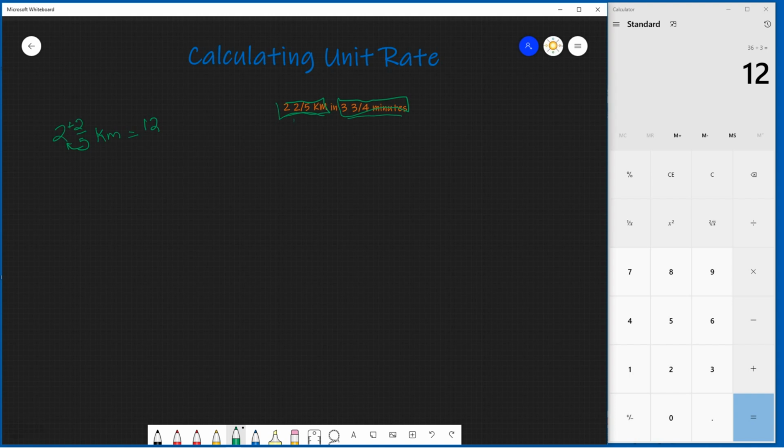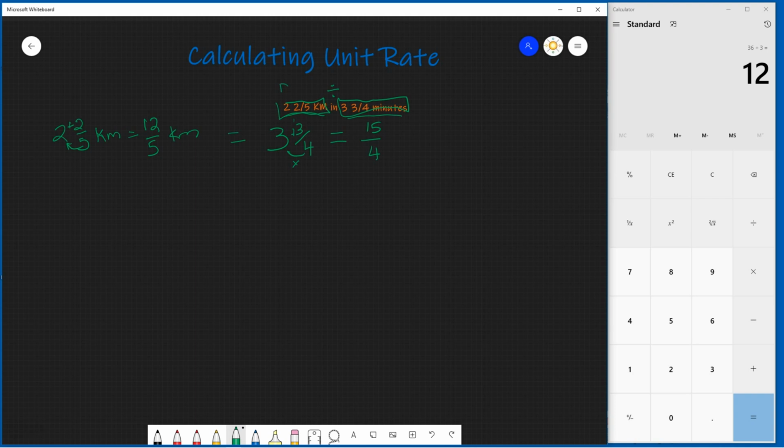So we have 12 over 5 kilometers in the equivalent time of 3 3/4 minutes. Let's make this into an improper fraction. So 4 times 3 is 12, plus 3 equals 15 over 4, right?